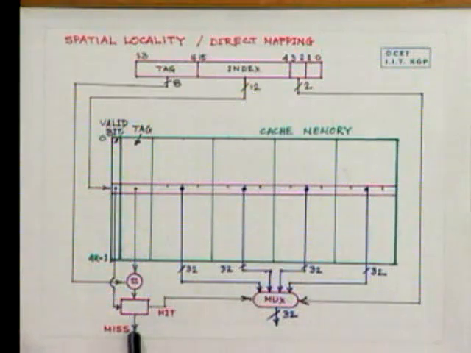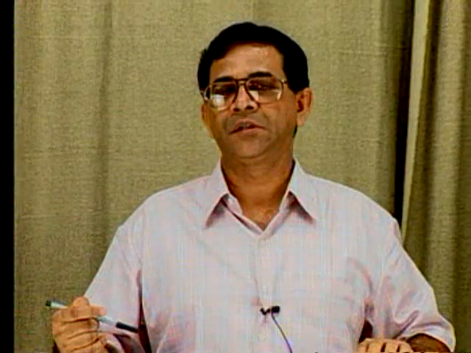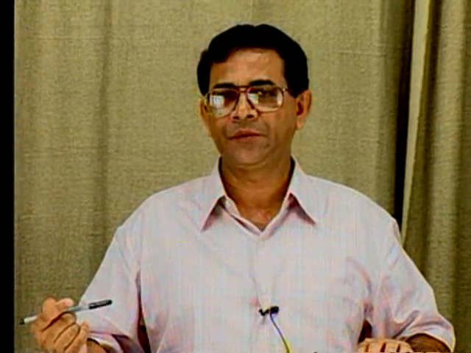And now if it's a miss, once more the same has to be done. That means the CPU has to go to the main memory, fetch 4 consecutive words, and replace them in that memory location. Let us assume here also that we are using direct mapping for the line in the cache, and the CPU then takes that word or byte with which it will work, and the CPU goes ahead.